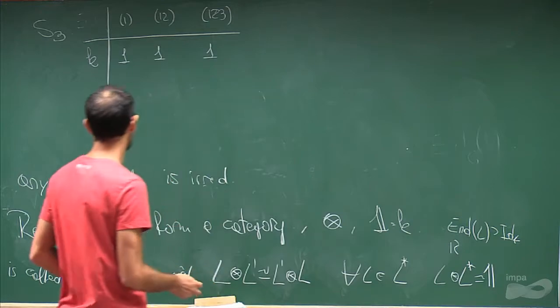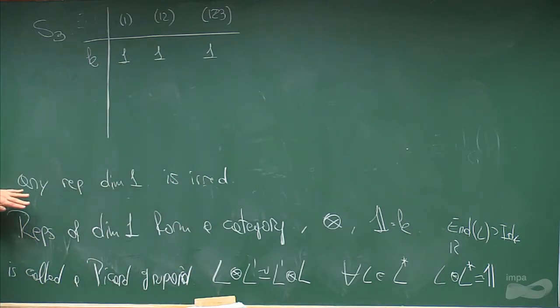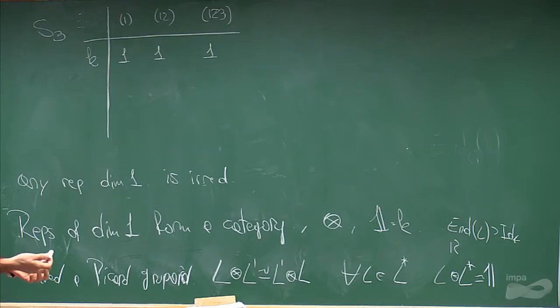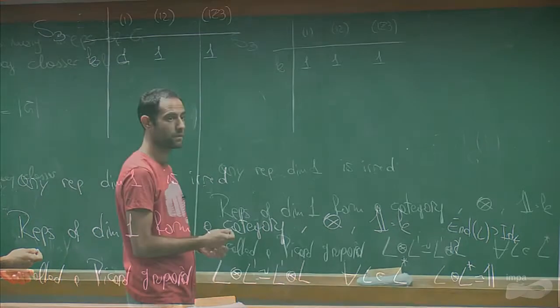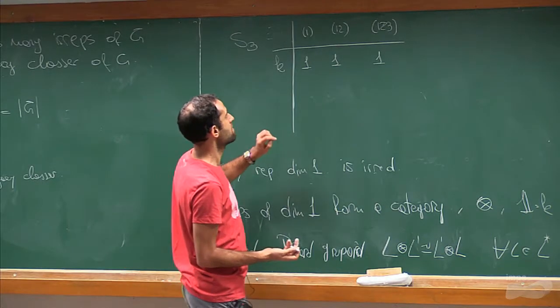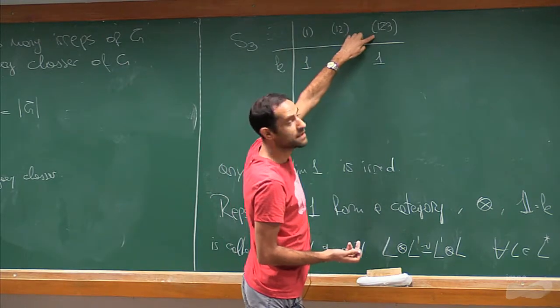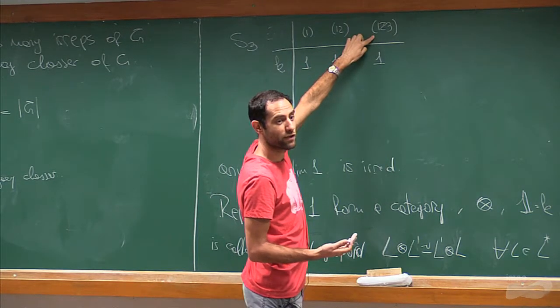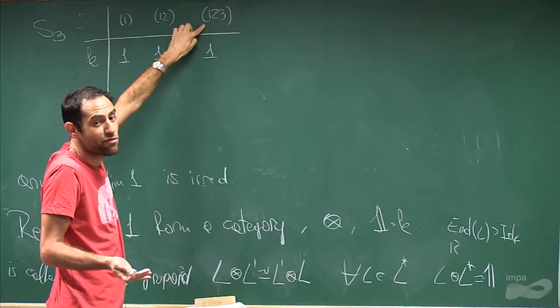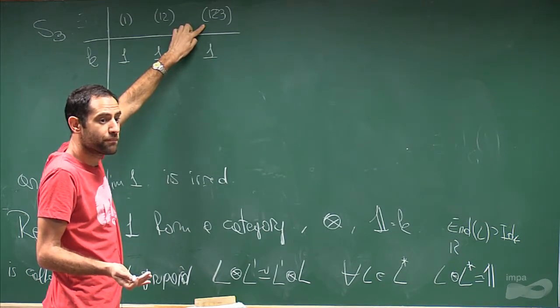Anyhow, let's construct another representation of dimension 1 for the symmetric group on 3 elements. The symmetric group on 3 elements has a quotient that is the alternating group. Namely, this thing here and this thing here appear in the alternating group on 3 elements, which is just Z3, a cyclic group.